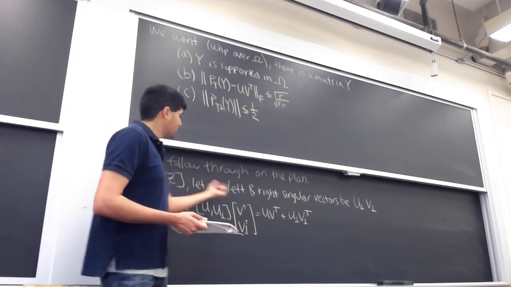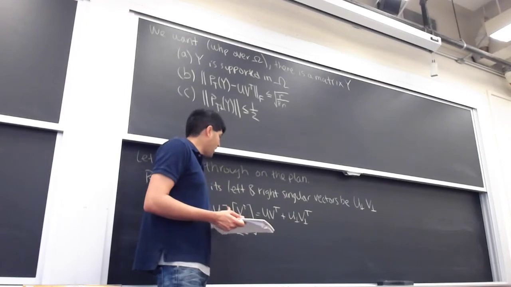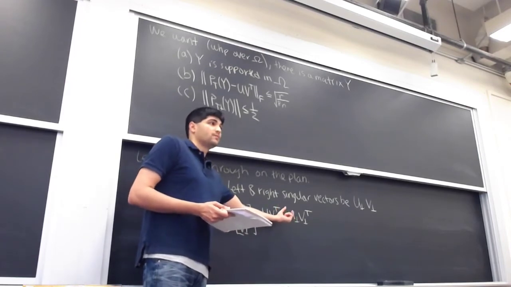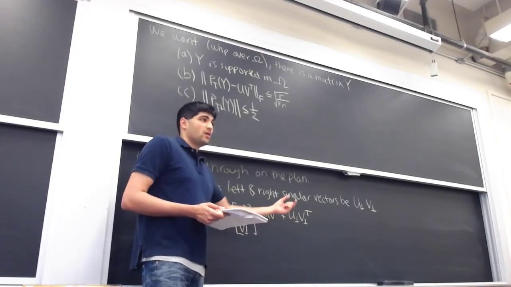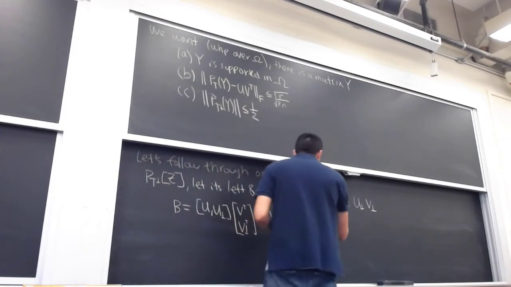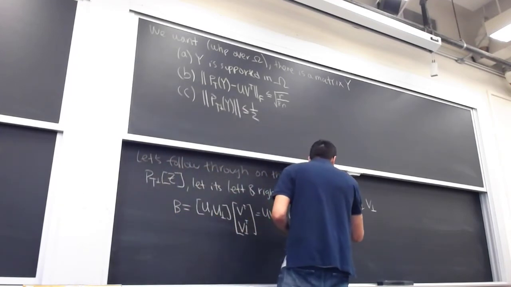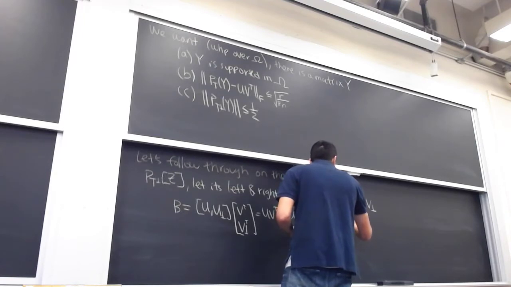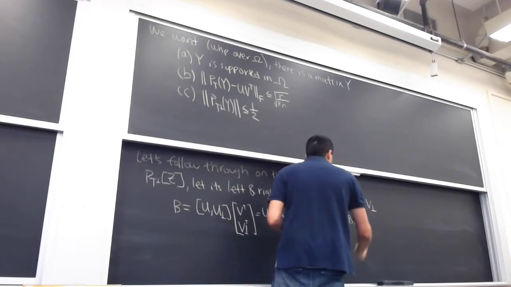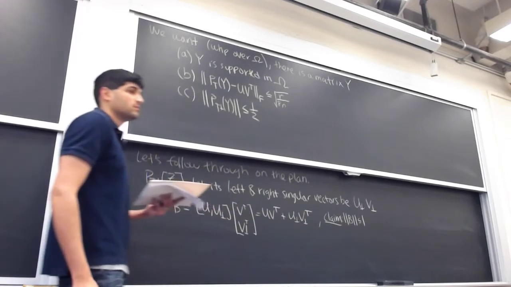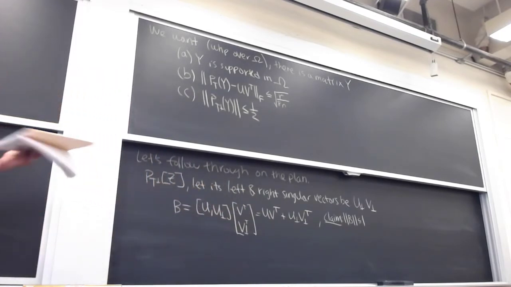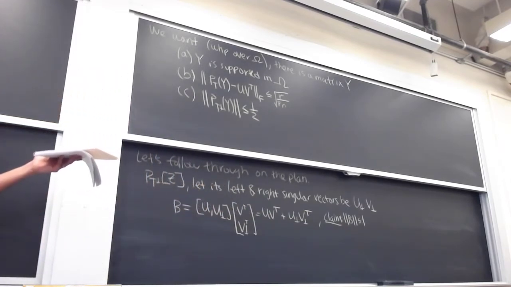And I'm going to take its singular vectors and add those to my set. So that's all that I'm doing. So the claim here is that the operator norm of B is indeed at most 1. Anyone know why this is? I mean, it's just a one-sentence statement.